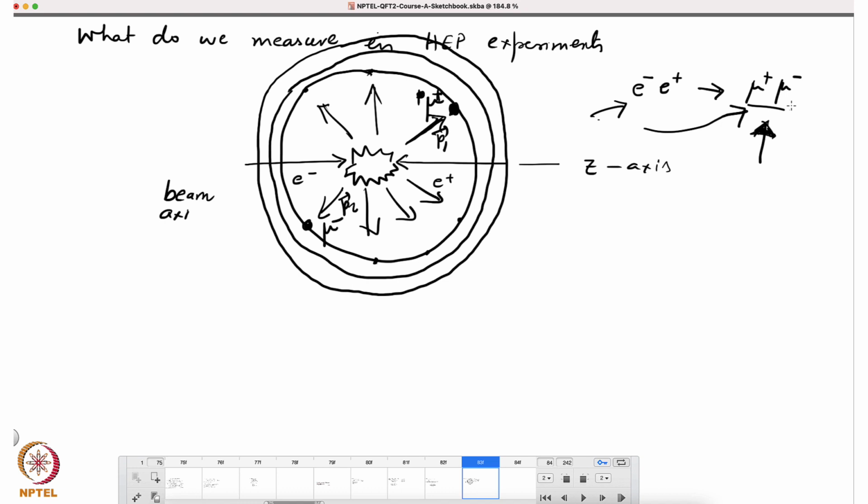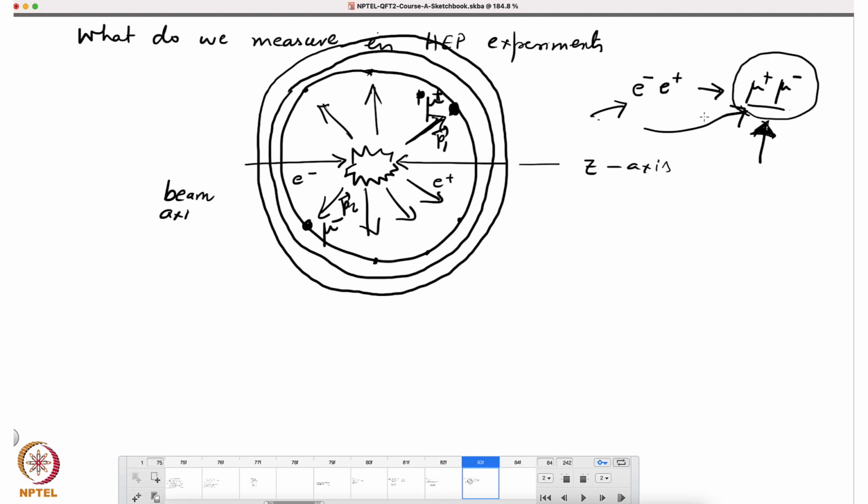Okay, so it goes both ways. Knowing what kind of interactions we have, we can predict what kind of outcomes we will get with what probabilities.